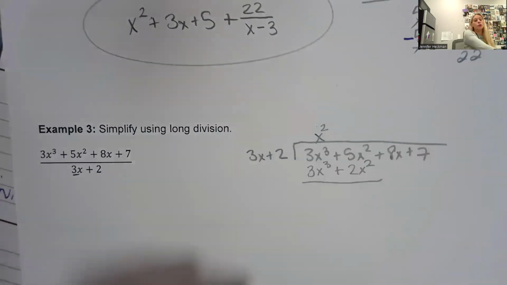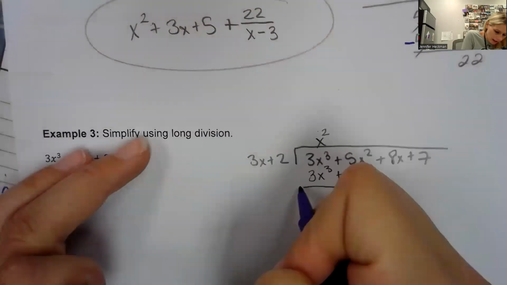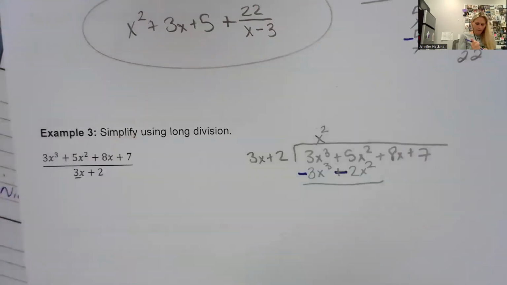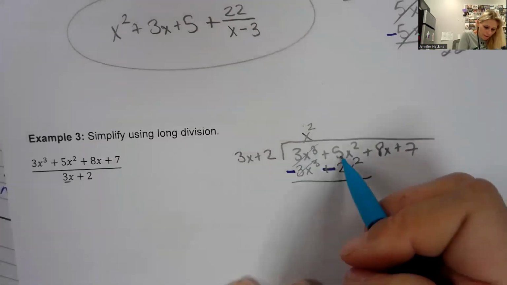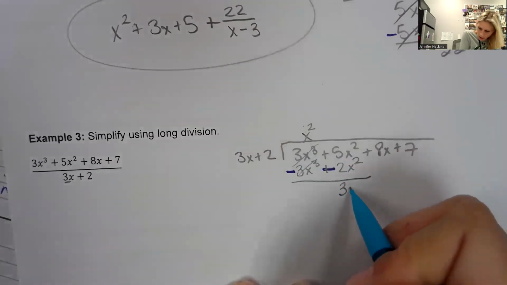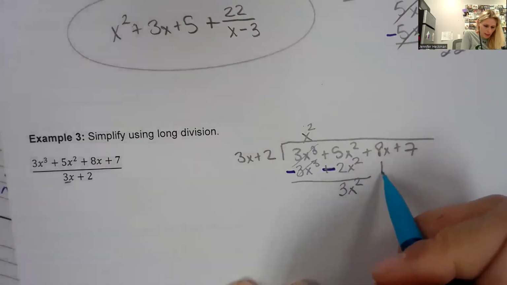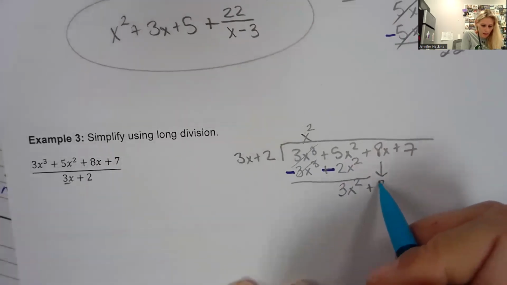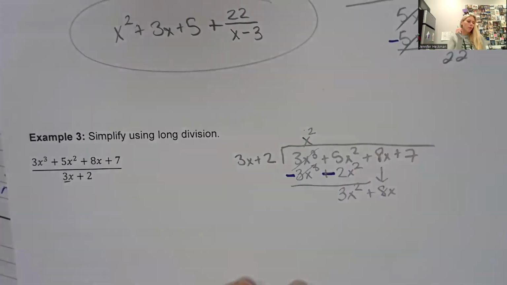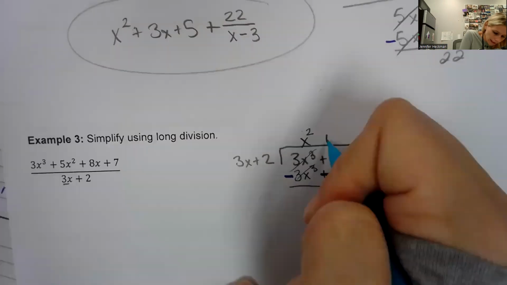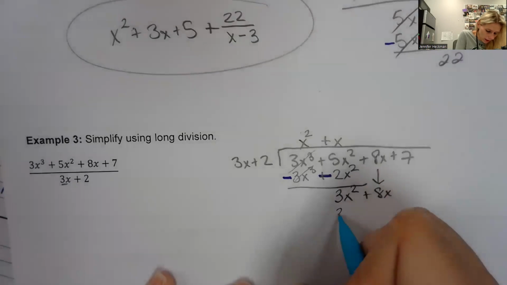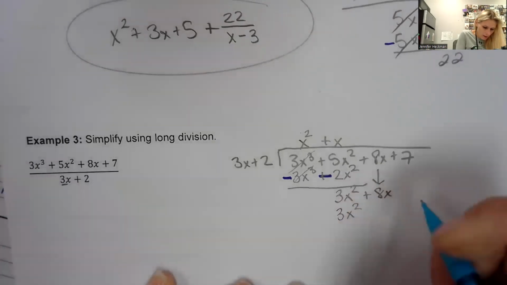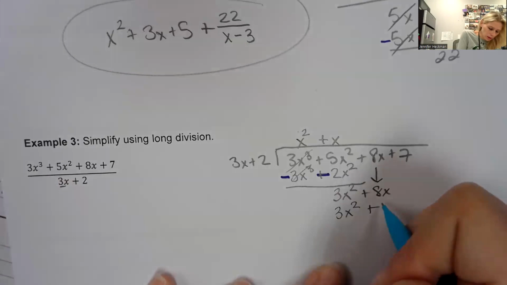Okay, I'm going to change the sign so I can add. So that cancels here, and 5 minus 2 is 3x squared. Bring down the 8x. Okay, 3x times what is 3x squared? Well, that is just x. 3x times x is 3x squared plus x times 2 is 2x.